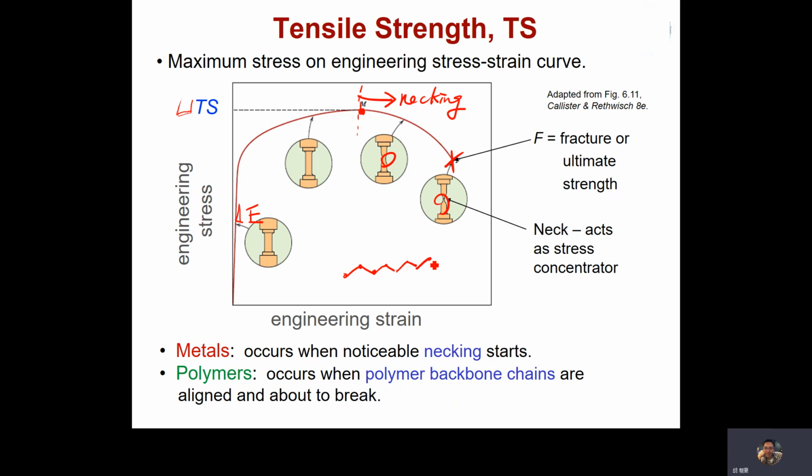It may be random, maybe like this. So when we apply a tensile stress and the applied stress reaches this UTS, the polymer backbone chains will be aligned.